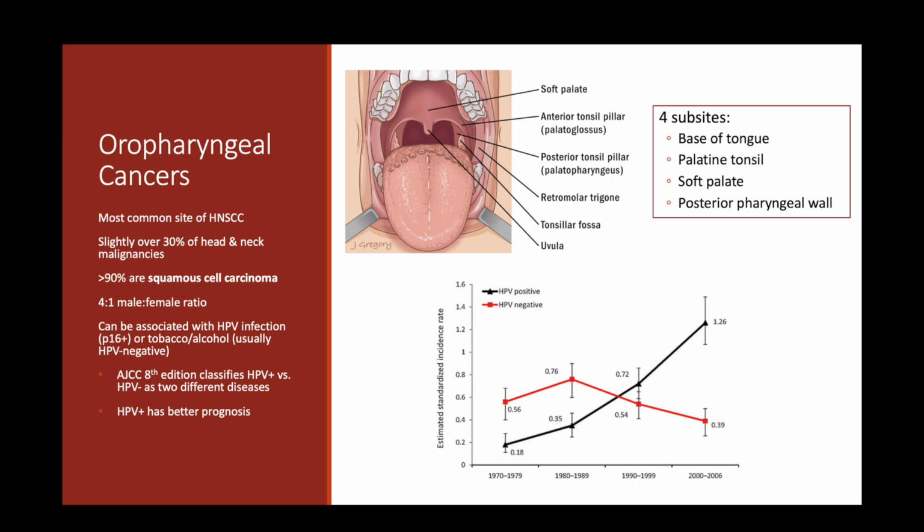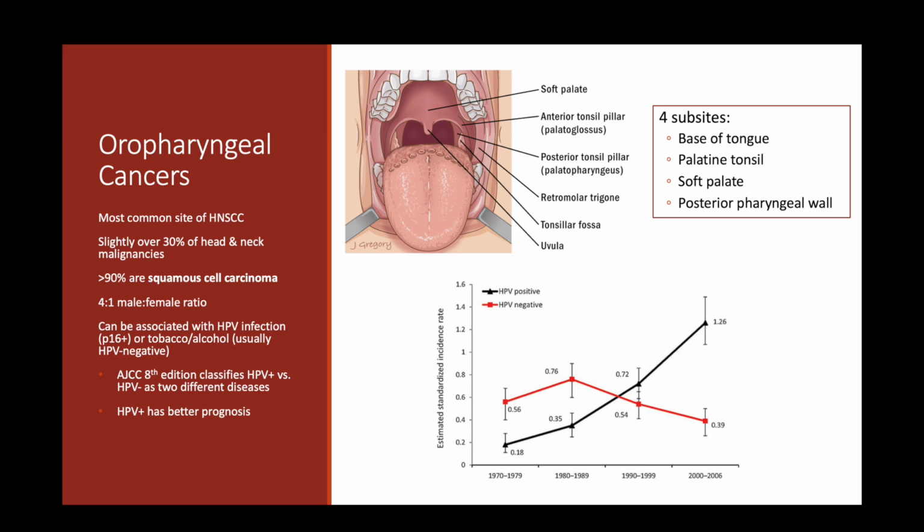Now, any cancer can be HPV mediated, right? There can be cancers in other subsites of the head and neck that are HPV mediated. Anal cancer, almost 80 to 90% of the time is actually HPV mediated.